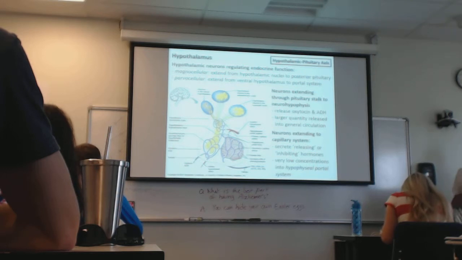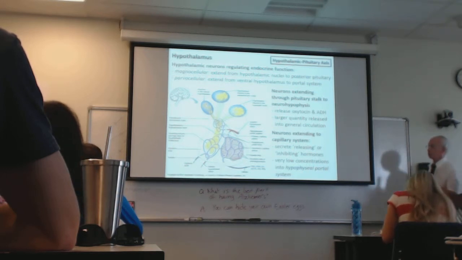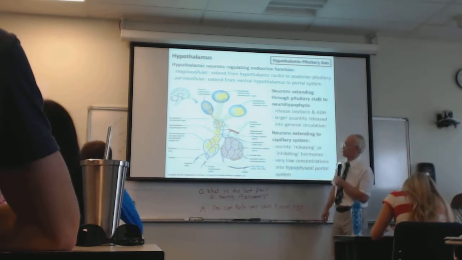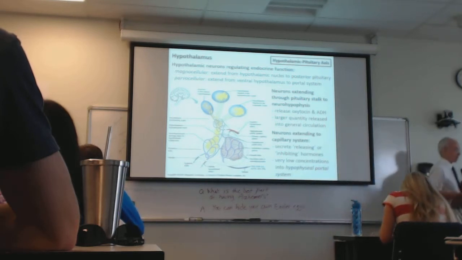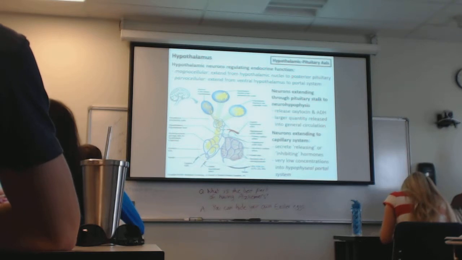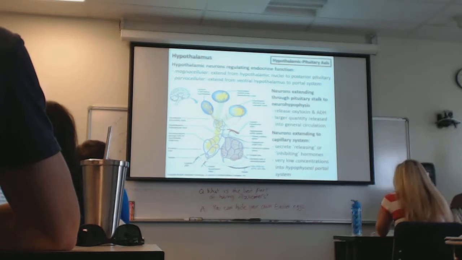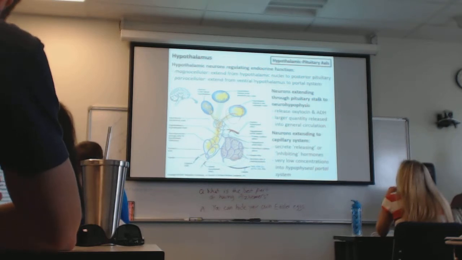Now the big and small primarily refers to the length of the axon of those neurons. I'm not sure it's entirely evident from this illustration, but you can see that some of these neurons extend all the way down through the pituitary stalk into the posterior pituitary gland.